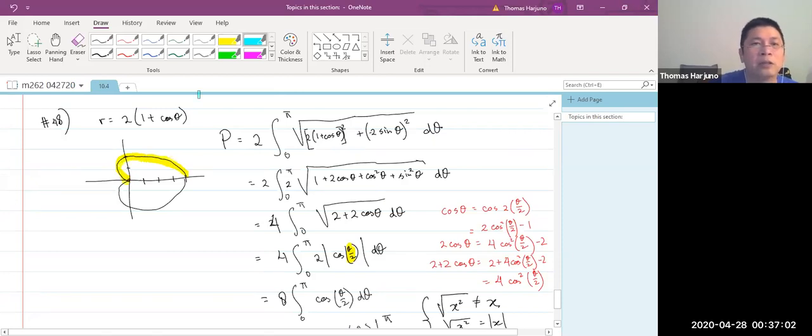And then the length for the blue one is another 8. That's why the total perimeter is 16.